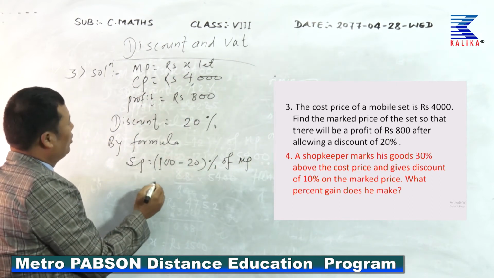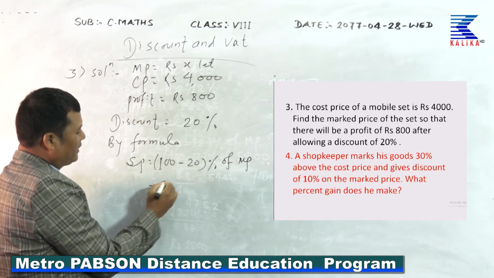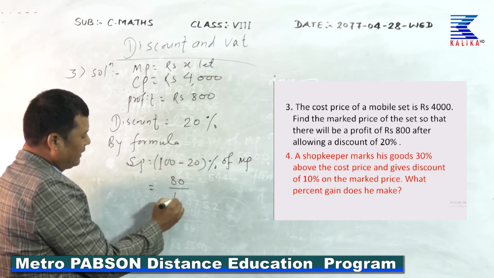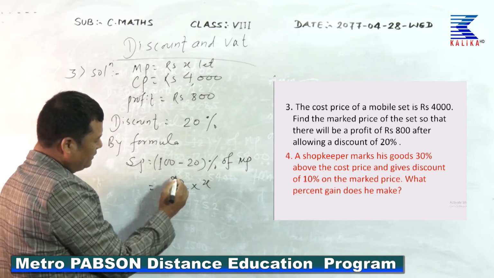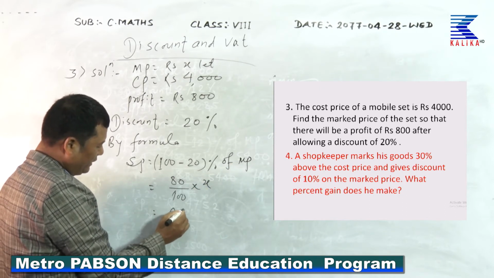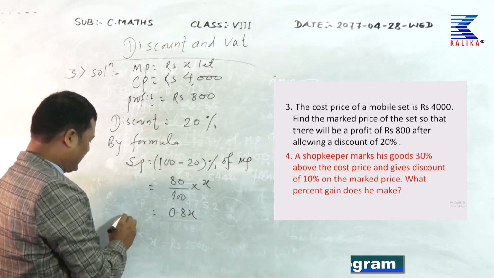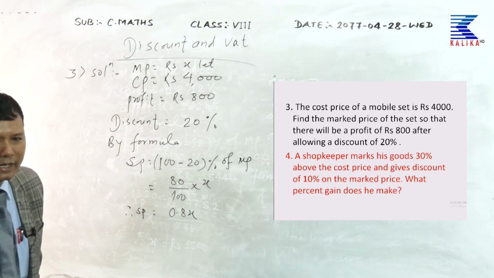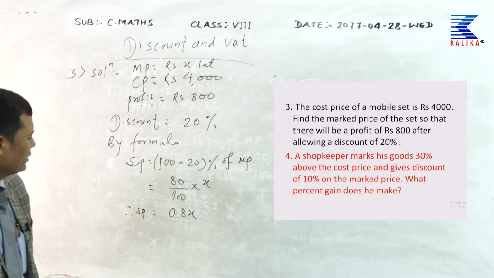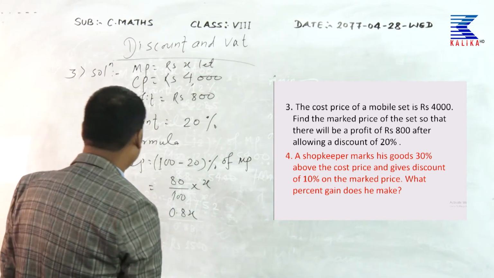SP is unknown. 100 minus 20 means 80 divided by 100, of means into, MP means X, so 0.8X. Therefore, it is the selling price. Selling price is 0.8x.